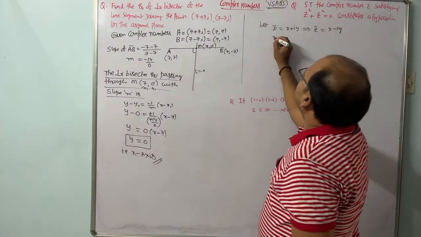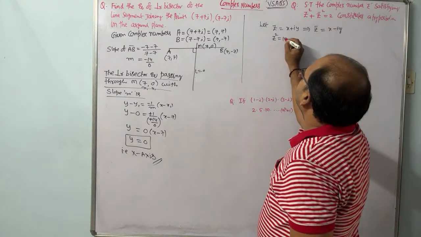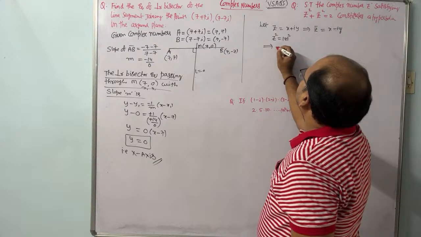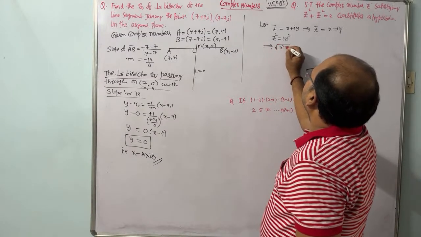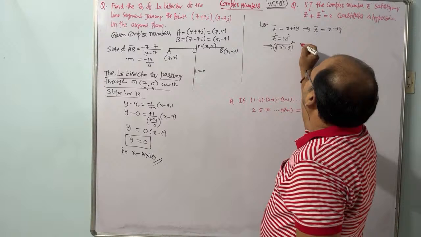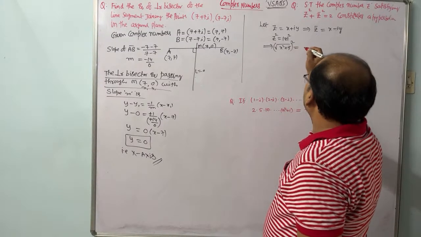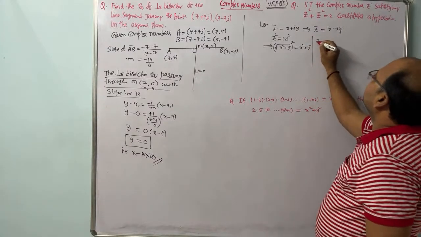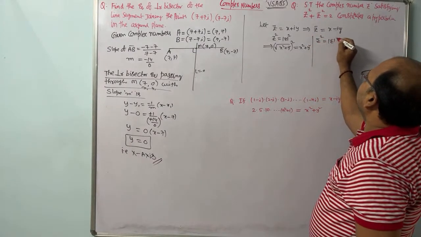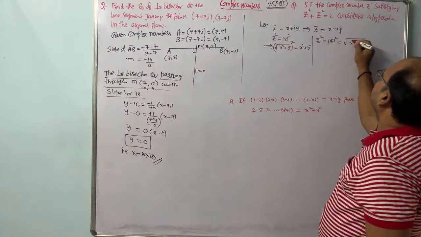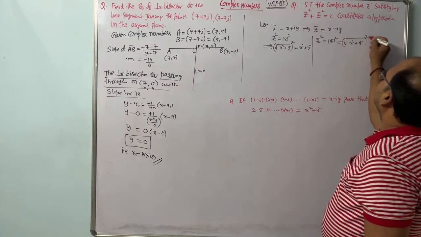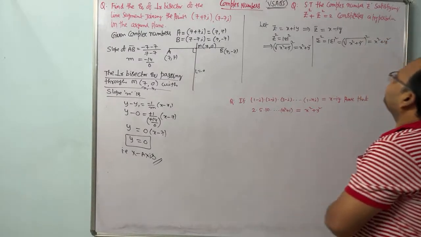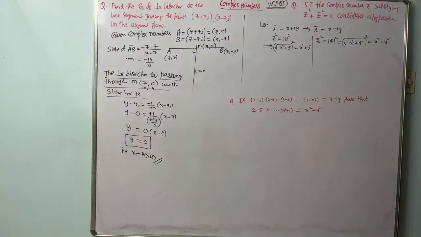Z square is equal to mod z square, that implies root over x square plus y square whole square, x square plus y square. Next, z bar square equal to mod z bar square, that is equal to root over x square plus y square whole square, which is equal to x square plus y square. Okay, dear students.